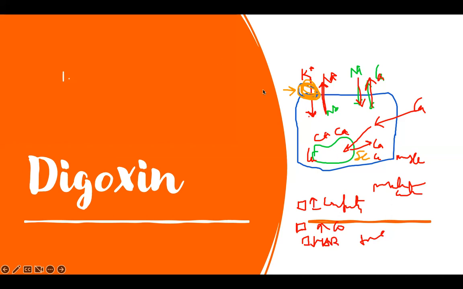It's blocking potassium. So when you have low potassium, hypokalemia, the digoxin can bind more and cause problems. So you should avoid hypokalemia, because then it increases the toxicity of digoxin.